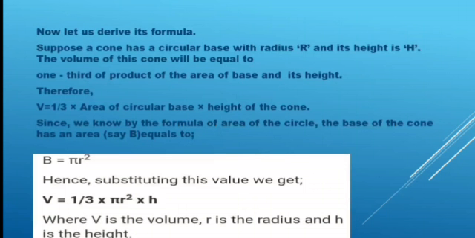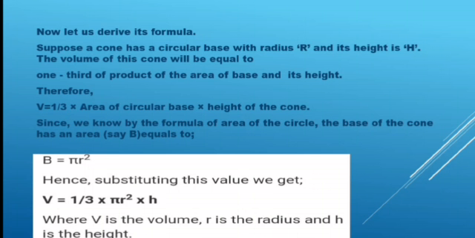Now, let us derive its formula. Suppose a cone has a circular base with radius r and its height h. The volume of this cone will be equal to one third of the product of the area of base and its height. Therefore, V is equal to 1 upon 3 into area of circular base into height of the cone.